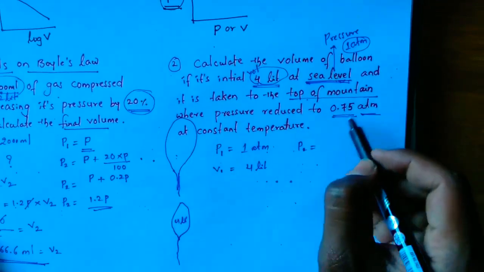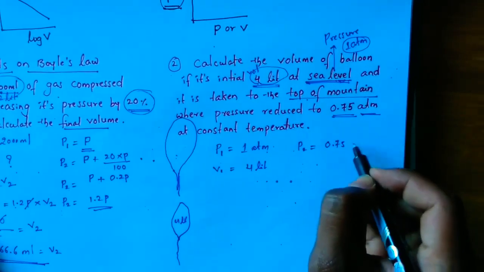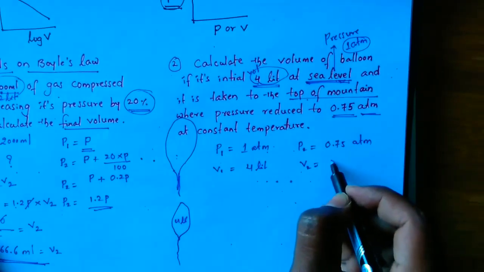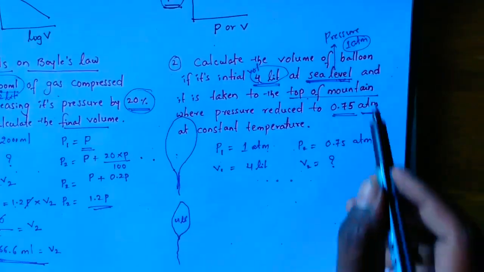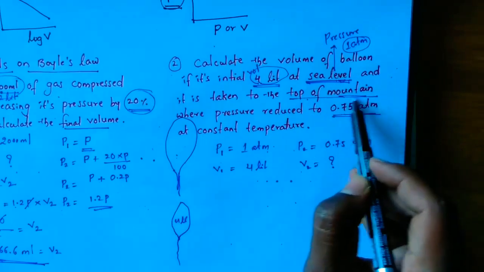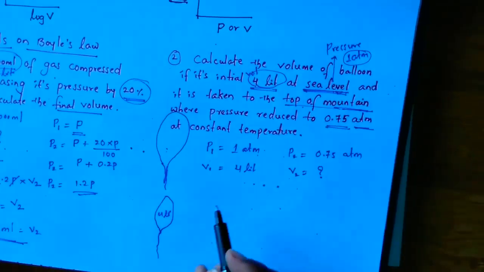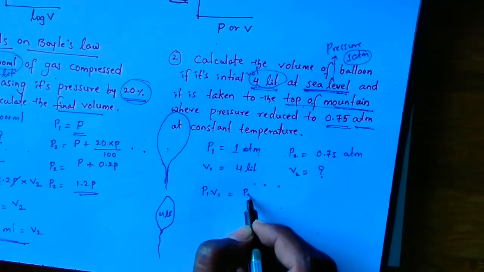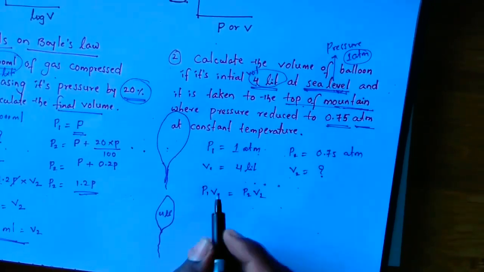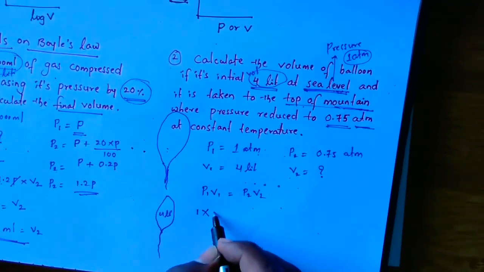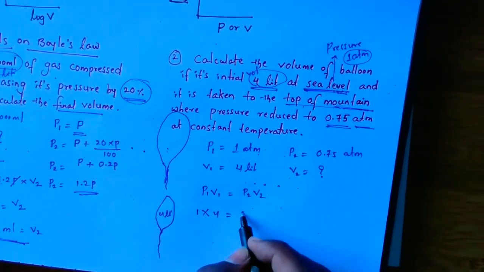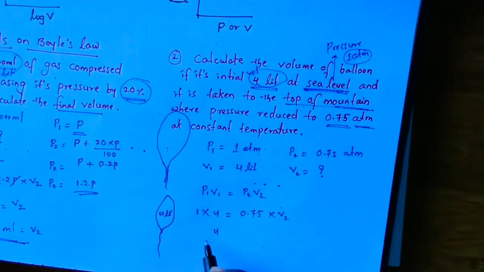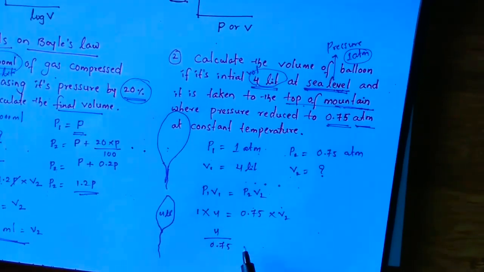P2, the pressure, is reduced to 0.75 atmospheres. We need to find the volume at the higher altitude, at the top of the mountain. So P1 V1 equals P2 V2. P1 is 1 atmosphere, V1 is 4 liters, and P2 is 0.75. So V2 equals 4 by 0.75.